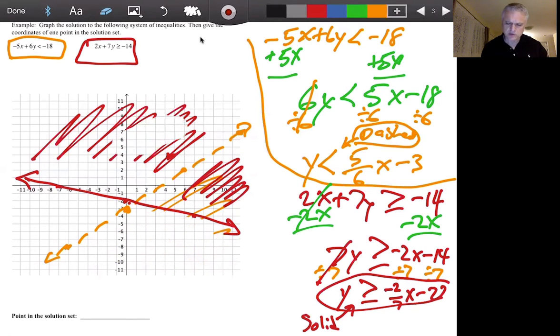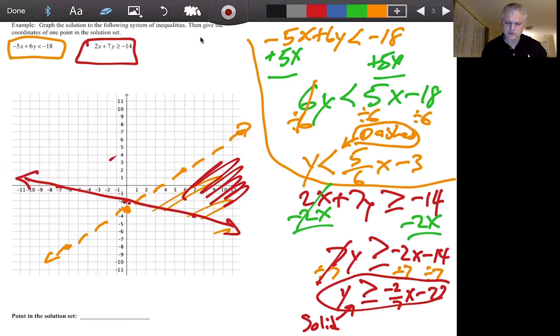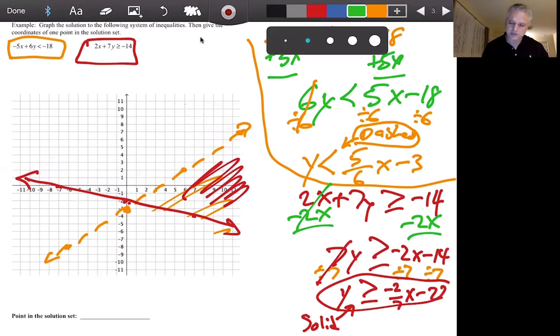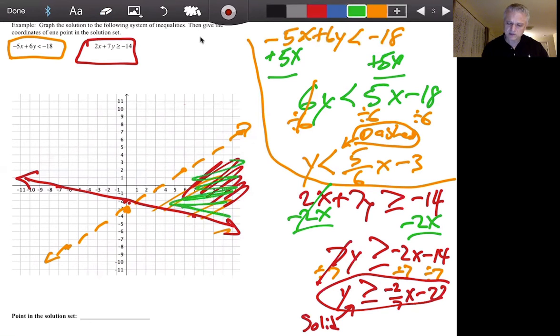This region up here is only a region that has solutions for the red inequality. But this guy right here, that particular region has both orange solutions and red solutions. So that region is our set of solutions.